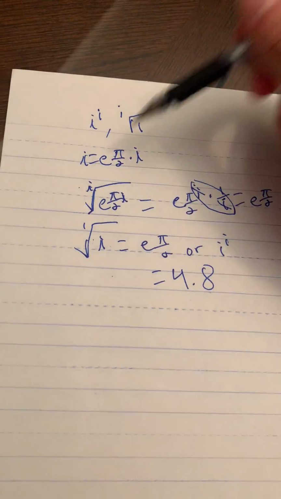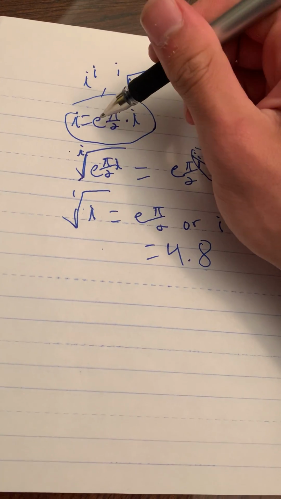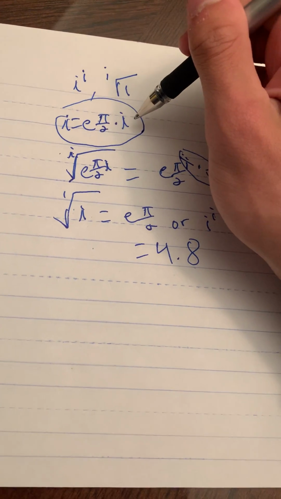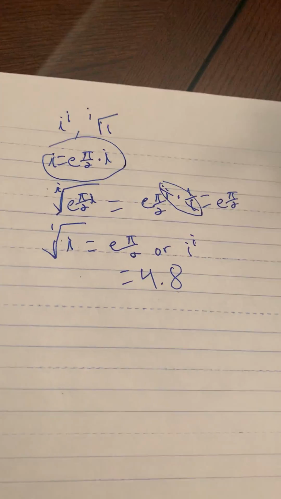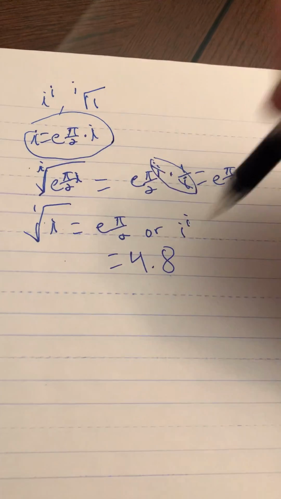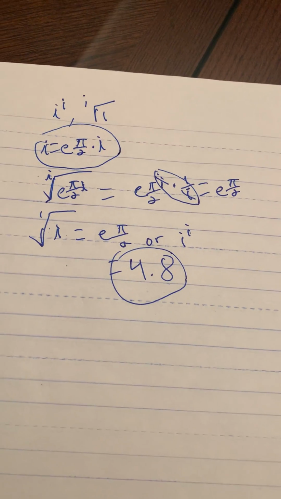So using this, i equals e to the root 2 times i, using that from our last problem that we solved on the board, allowed us to find this number for i to the root of i.